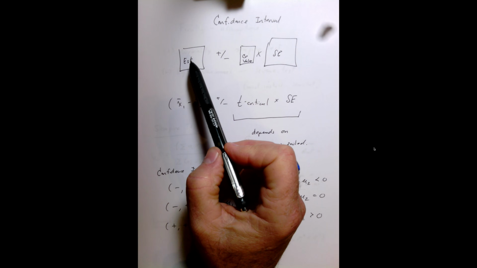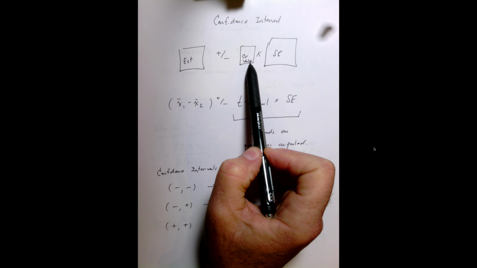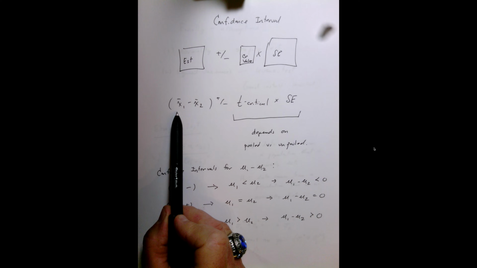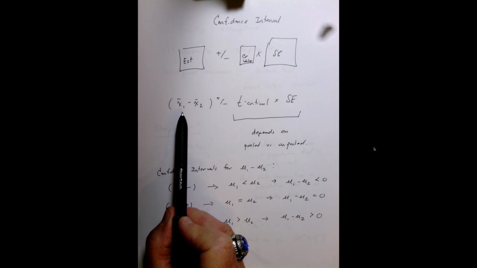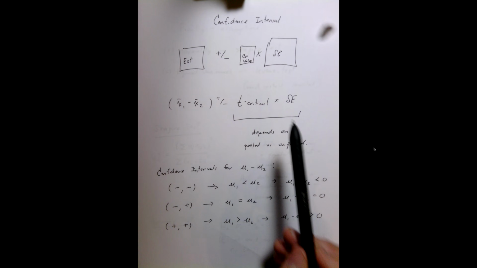Confidence interval, the same thing. In general, confidence interval has 3 parts. We have our estimate plus or minus our critical value from the sampling distribution times the standard error. In this situation, our estimate of mu1 minus mu2 is x bar 1 minus x bar 2.